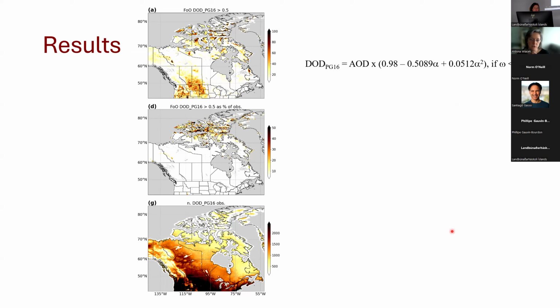Then you look at the number of observations and you go, okay, but I'm in low number statistics right now, so I'm not going to put all my faith in this. Because what this is saying is when there are observations in this region, half the time they're extreme. I agree. Yeah, we're aware of that. But I think, for example, the dust plumes in the United States disappeared in the second figure.